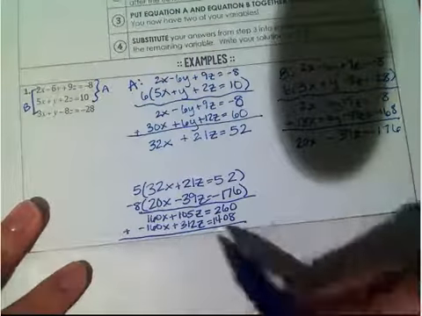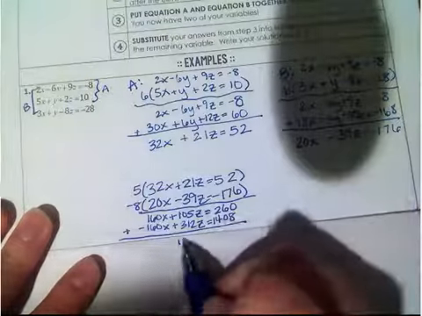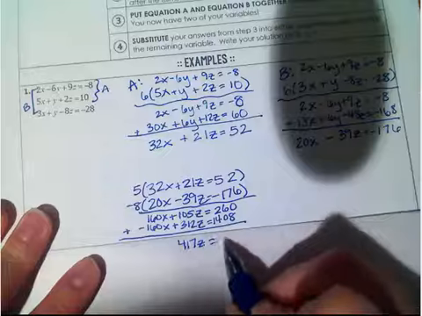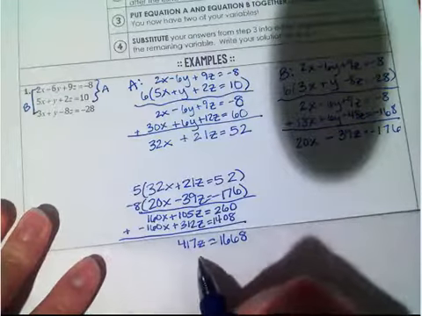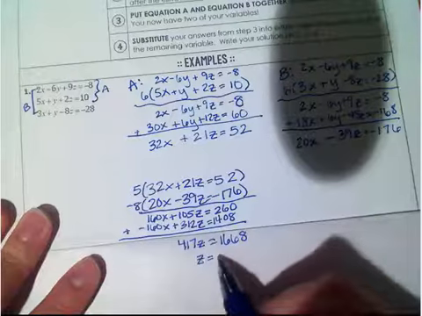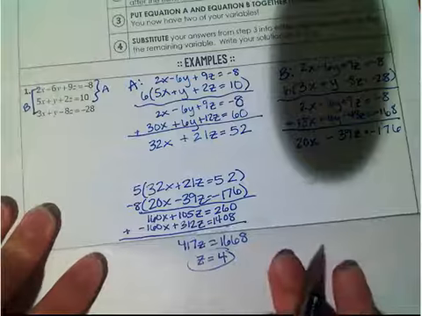When I add them together, my x's will drop out. My z term will be 417z equal to 1,668. Divide by 417, and z equals 4. So now I've solved for one of my variables.